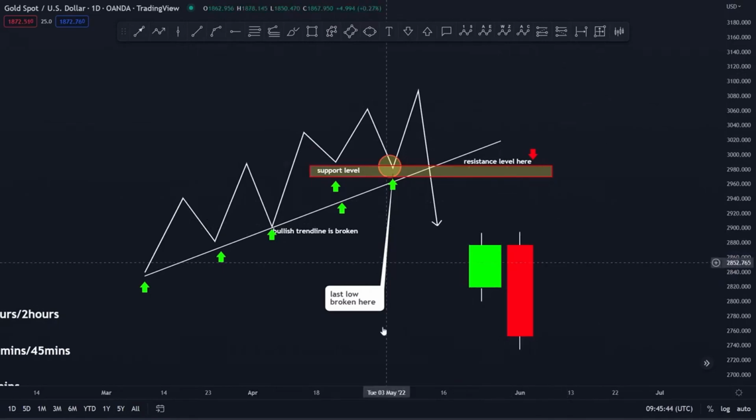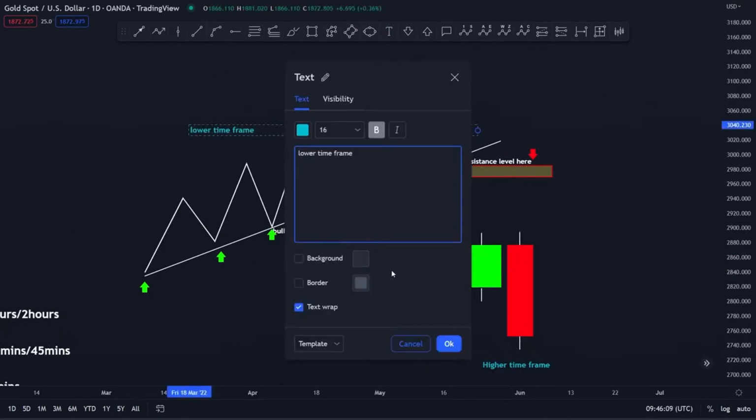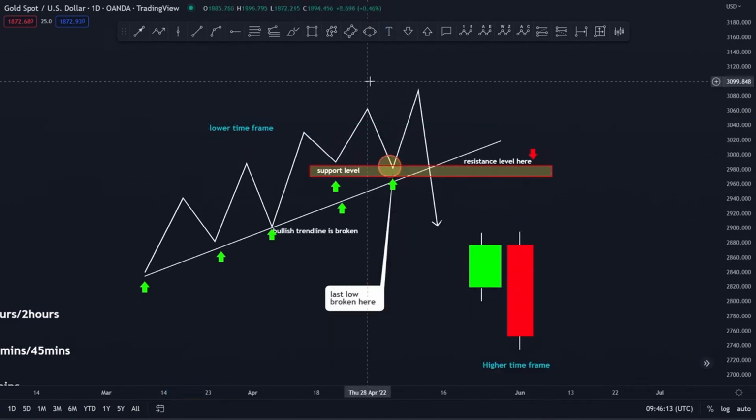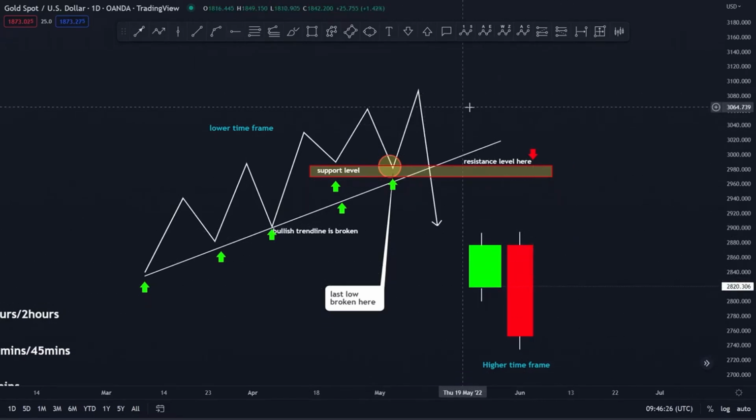So this will be your higher time frame, and then this will be your lower time frame. In the higher time frame, you are just going to put a line around here. Then when you move on to the lower time frame, you have to see this kind of pattern here. I'll also show you some other patterns that you need to understand, but it's not a big deal, it's not even that hard.